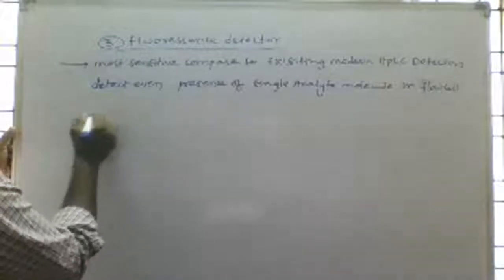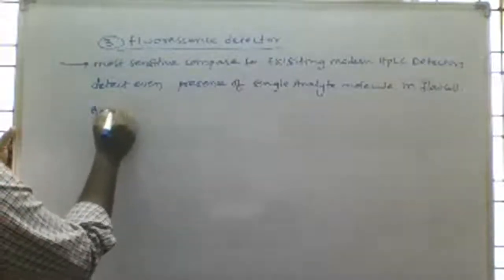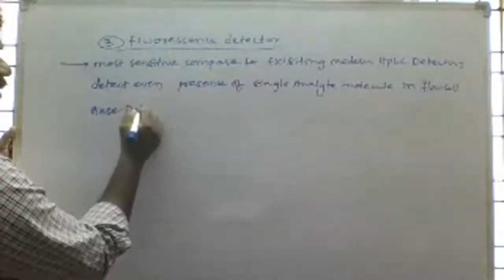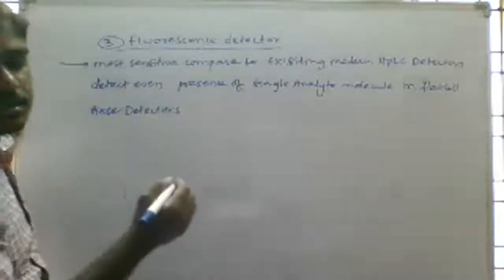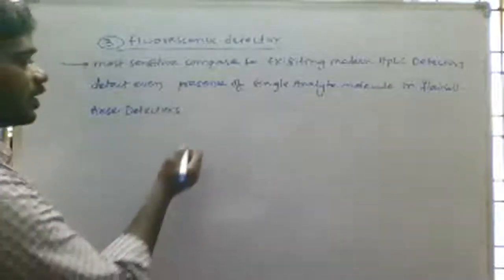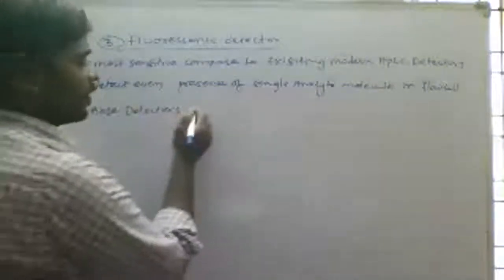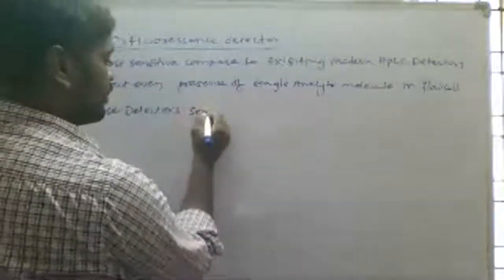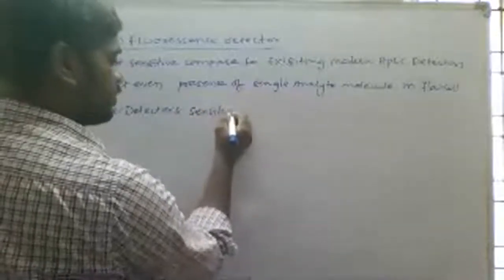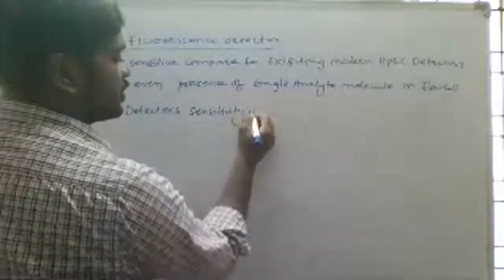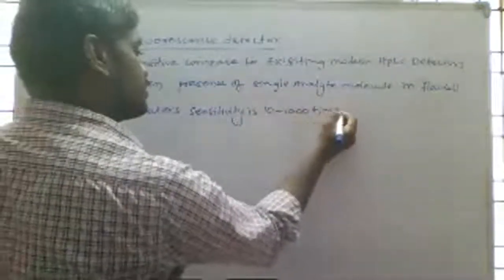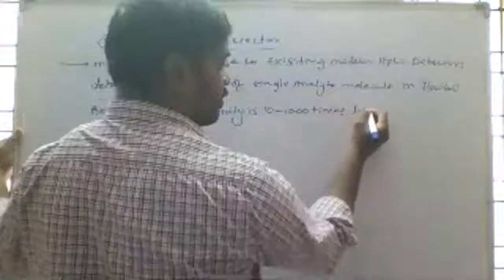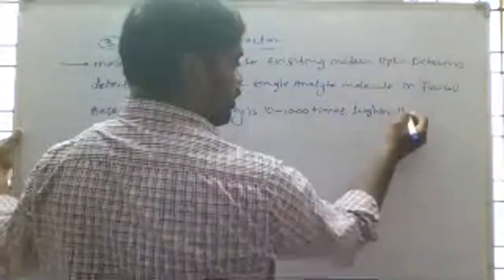These detectors are highly sensitive. Their sensitivity is 10 to 1000 times higher than that of the UV visible detector.